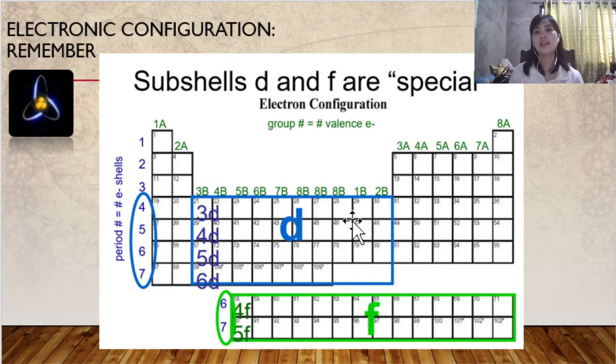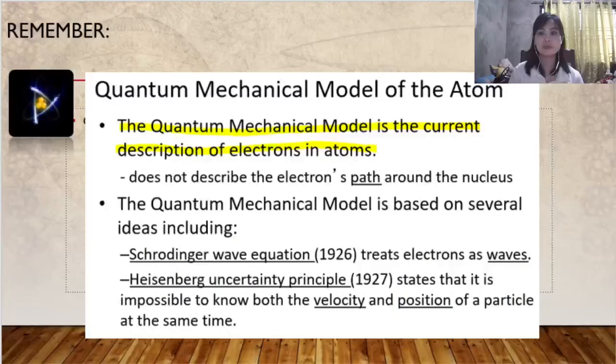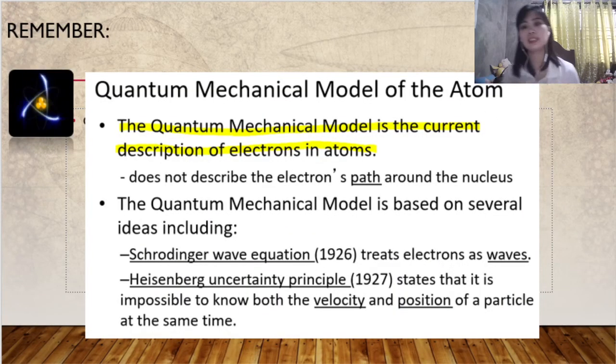Why? Kasi they are special, no? About the stability ng configuration nila. D and F. So, most of the time, gagamit lang tayo ng mga chemical symbols dito sa 1A, 2A, and in this part. Okay? So, we are now on the last part.